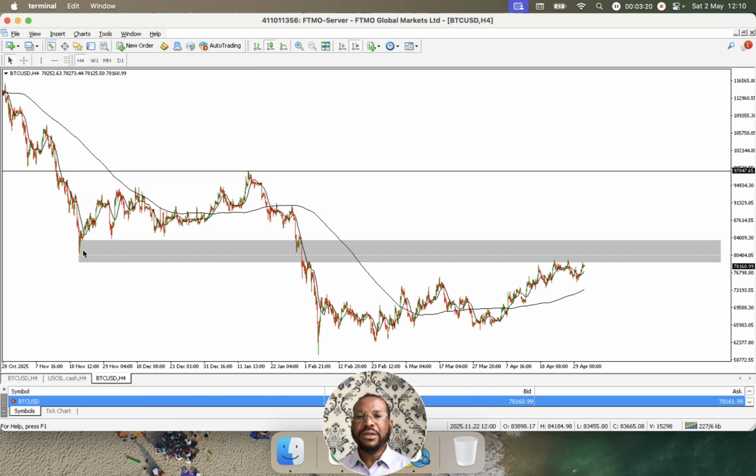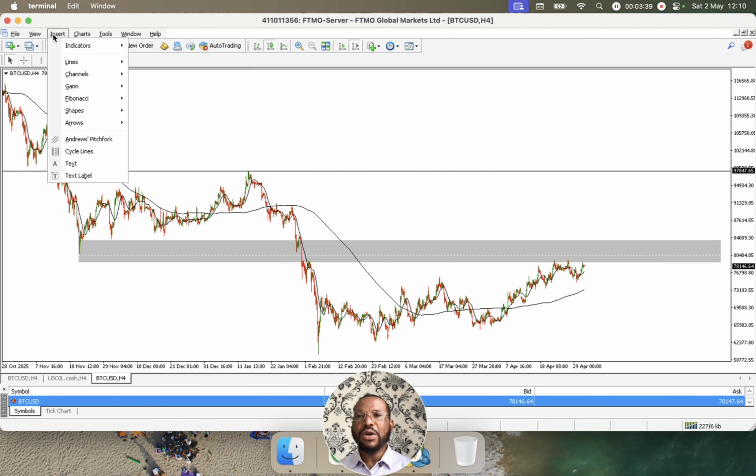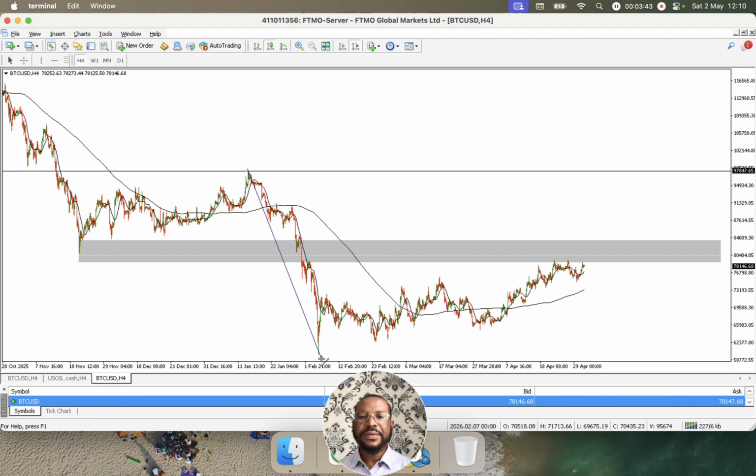This is the last low that the market broke when it came down here. So I'm expecting the market to come back to this resistance area and from there start to drop. We can see this drop that happened here. I'm expecting a similar thing to occur at this other point.